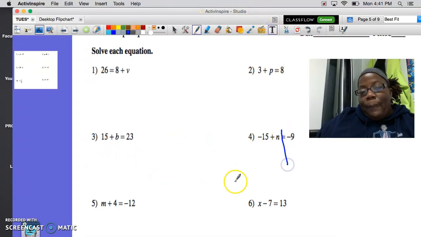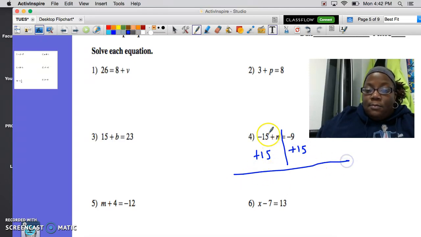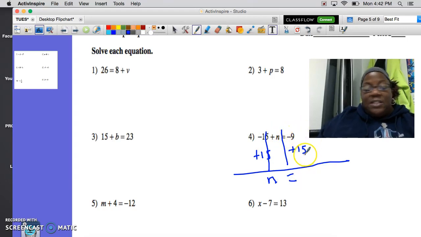Here we go. Now look at this. I have a negative 15 with an N on this side of the street, a negative 9 on that side of the street. A negative 15, or minus 15, whatever you want to call it, right? You still need to do the opposite of what you see. So you're going to add 15 to both sides of the street. Negative 15, positive 15 cancels out, leaving the N. Now you have a negative 9 plus 15.